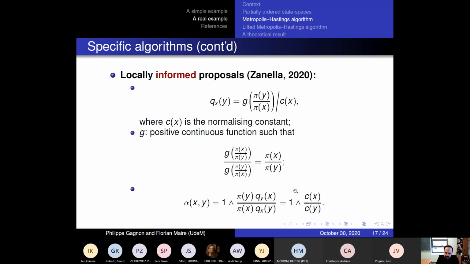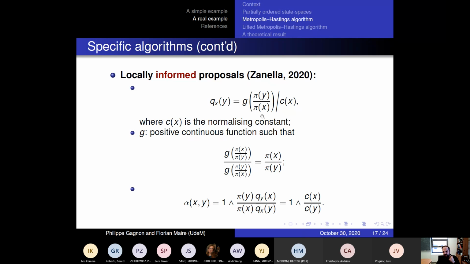But having this doesn't tell you really that it's a good way of choosing your proposal. But the idea behind this method is that if you look at a state space that is quite large compared to the size of the neighborhoods, okay, and in the limit, as this difference gets larger, you would no longer need the accept-reject step.